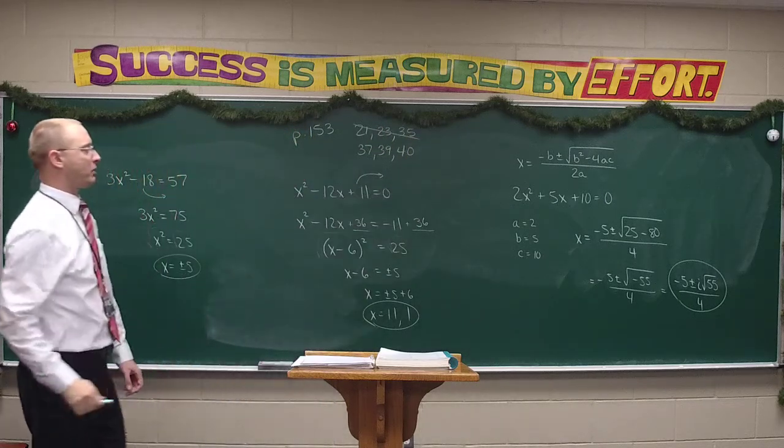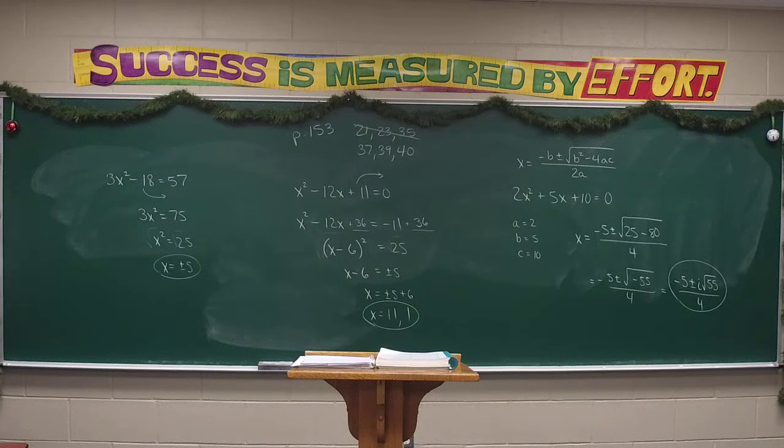If you're good to go on 21, 23, and 35, you can go on to 37, 39, and 40. If you have questions, though, on the three that are on the board, raise your hand and ask.